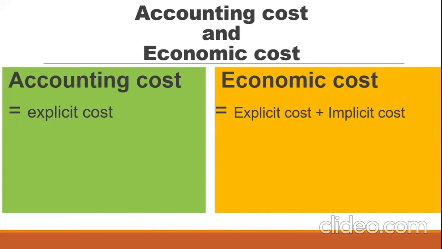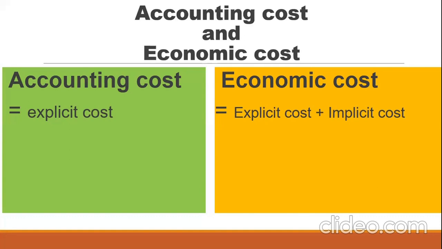Let's take another example. You work in a certain company, and that company pays you 1,000 per day. And for some reason that day, you decided to go buy food, maybe for 1,000. So you did not go to work, you decided to go buy food for 1,000. So now when you buy the food, that becomes your explicit cost, or the actual cost.